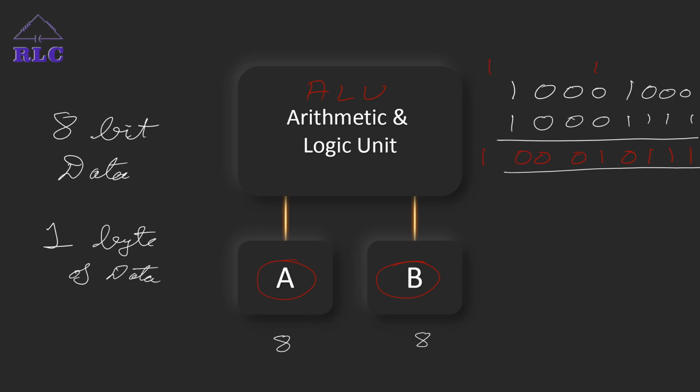Here it is an 8-bit data, and here it is also 8-bit data, but the result we got is 9 bits while doing addition itself. This extra bit we are going to call the carry.